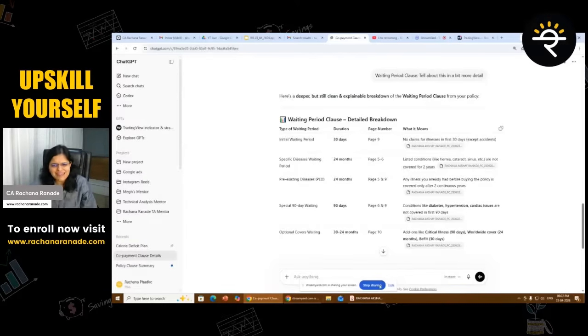So in simple words, if someone has an injury during trekking, I'm not sure whether trekking is considered an adventure sport. I don't think trekking is even considered a sport. Normal trekking should not be considered under adventure sport per se.